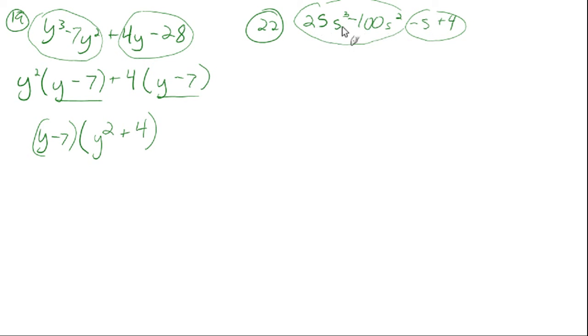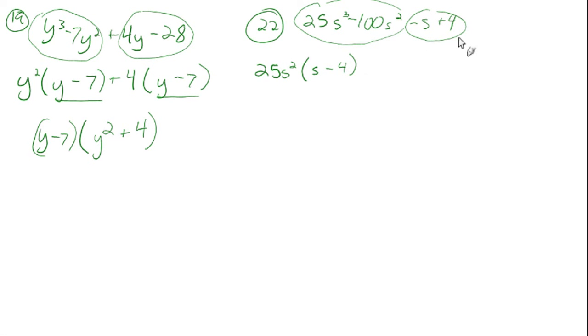So these two have a factor of, it's pretty obvious, 25. And also s squared. So factor 25s squared, out of there you just get s. And a 25s squared, out of this you'll get minus 4.